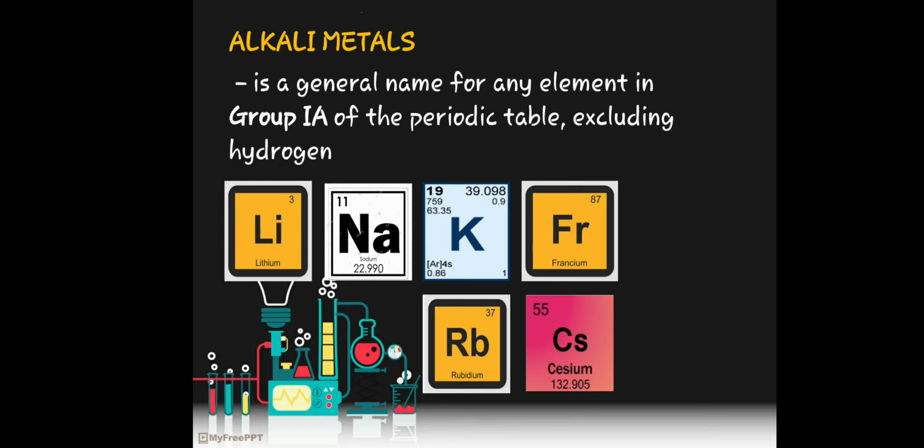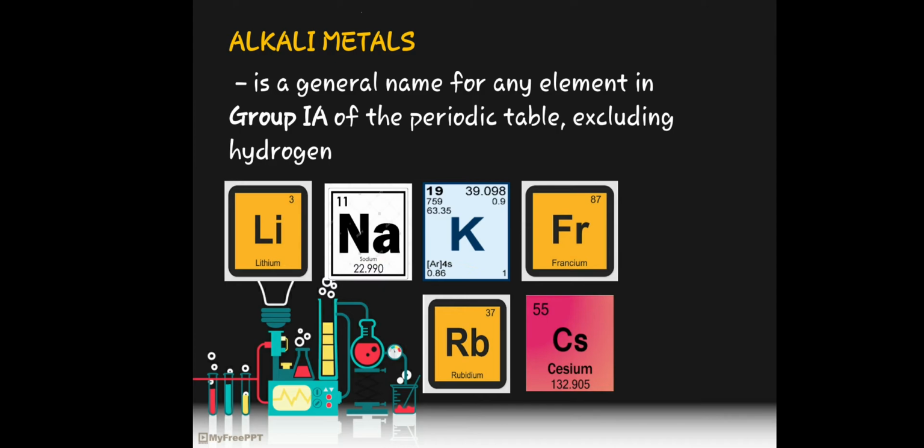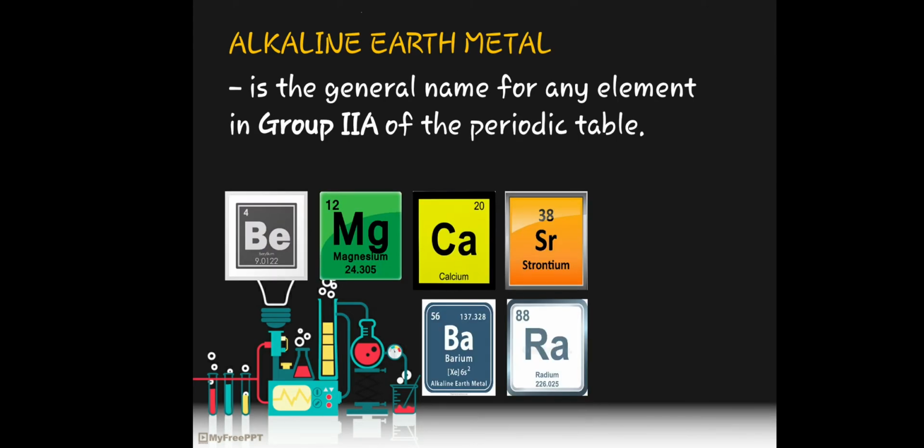Always remember that one. Excluding, we won't include it. So what elements are in alkali metals? We have lithium, sodium, potassium, rubidium, cesium, and francium. So always remember the elements that are in alkali metals.